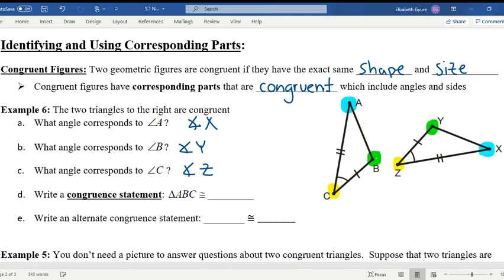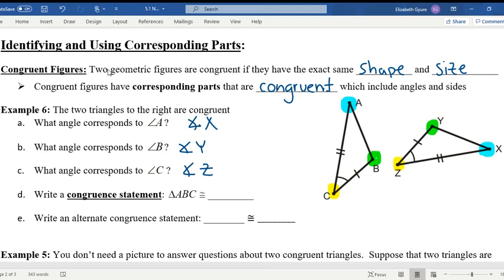All right. So now using that, we're going to write a congruence statement. What that means is to say that one shape is congruent to another shape. When we do something like that, we cannot just write the letters in any old order that we want. The congruent parts have to go in the same order.